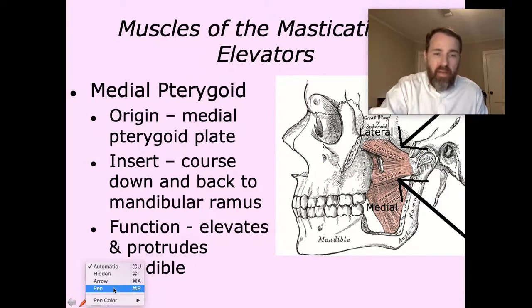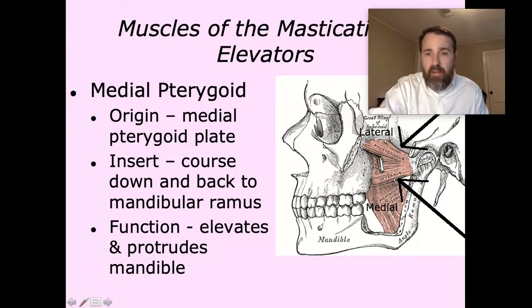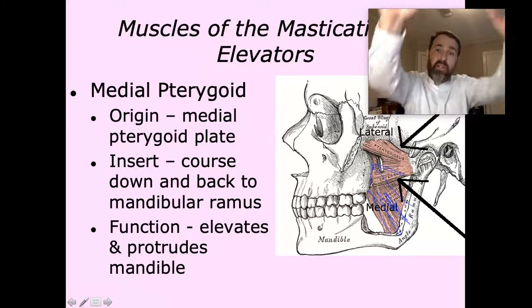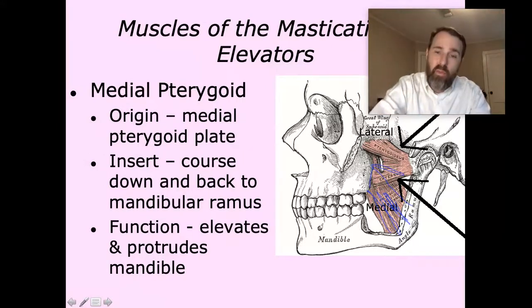Now, if we look at the medial pterygoid, it courses from the mandible. You can see it here, originating at the ramus of the mandible, and then it's reaching forward and up to insert into the back of the maxilla.